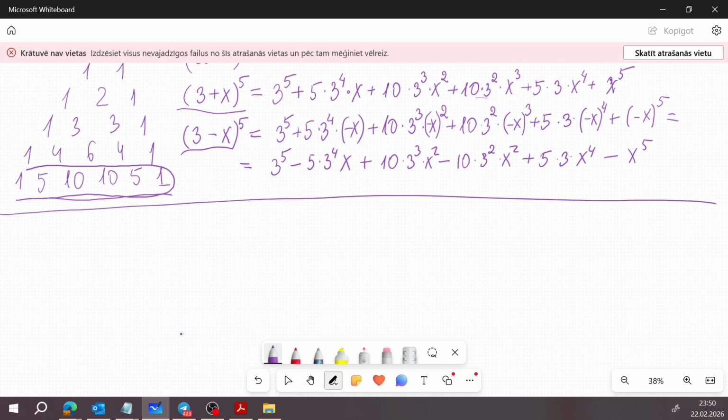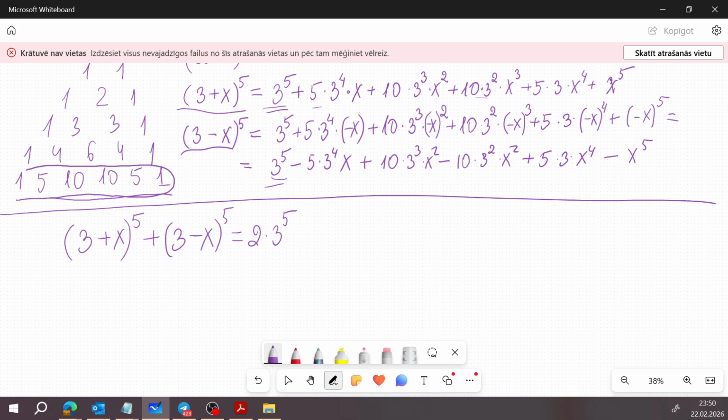So 3 plus x to the power of 5 plus 3 minus x to the power of 5 is equal to: these terms will be together, so it will be 2 times 3 to the power of 5.